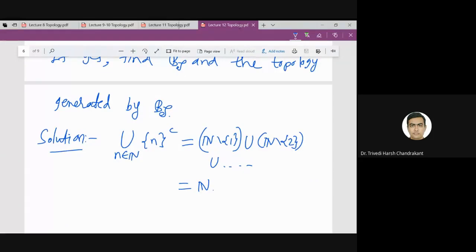When I take the union of all these sets, complement of 1, complement of 2, and so on, I can denote it as the union of the complement of singleton n, n belongs to N. Is it clear these two are the same sets?